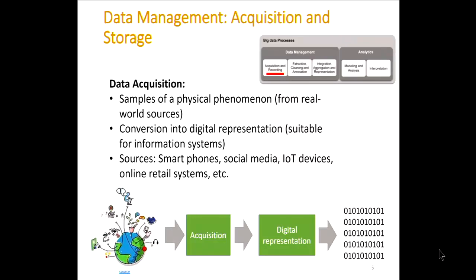So it's coming from the physical system, and then you're trying to digitize it and put it in a digitized form so that any information system can digest it. So the samples from the physical system: how can you record these occurrences, how can you record this sensory data?